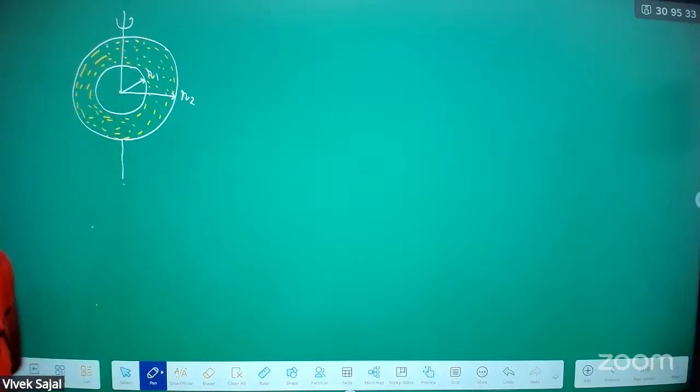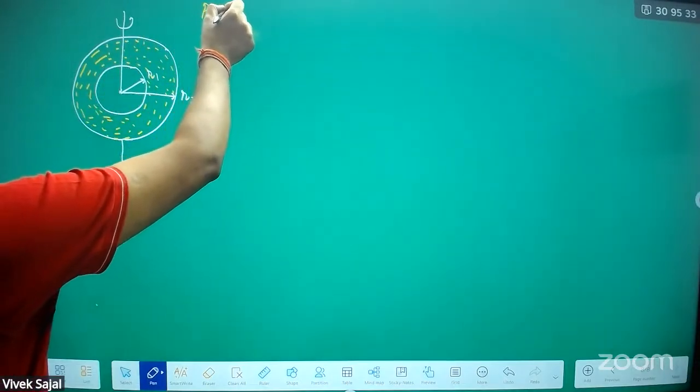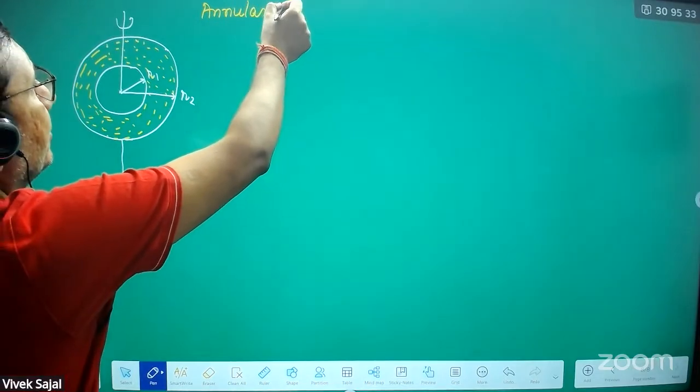This is your objective. Your objective is to find out the moment of inertia of this annular disk about this z-axis. This is called as annular disk. Plate or disk.